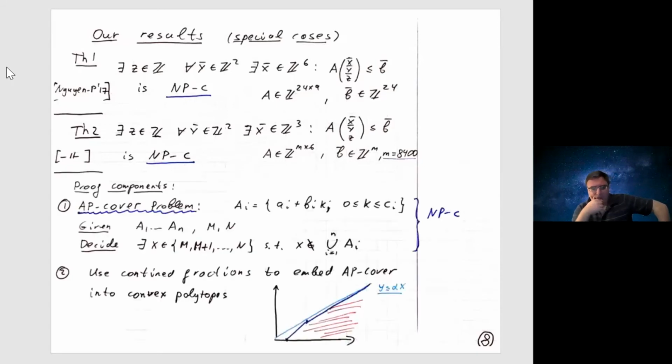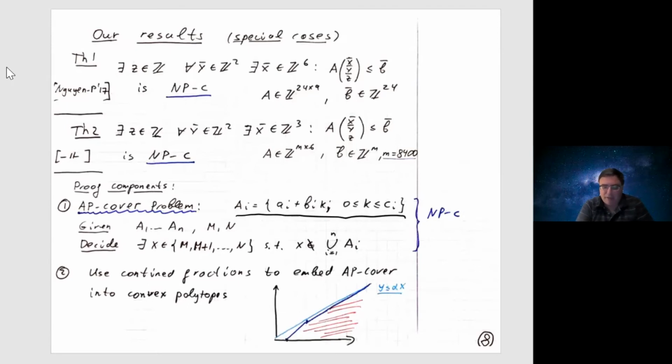So let me give you a 2-minute hint of what we do. What I'm giving you is 2 ingredients of how to construct this. First, what problem do I reduce it to? We reduce it to an AP cover problem. AP stands for arithmetic progression. So here are my arithmetic progressions.